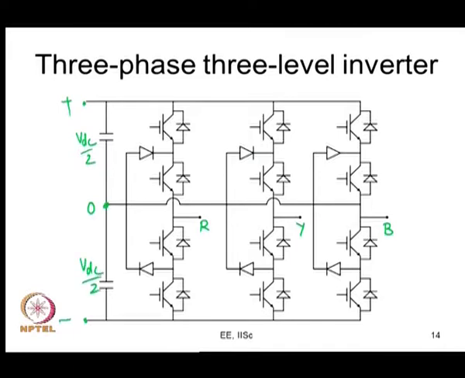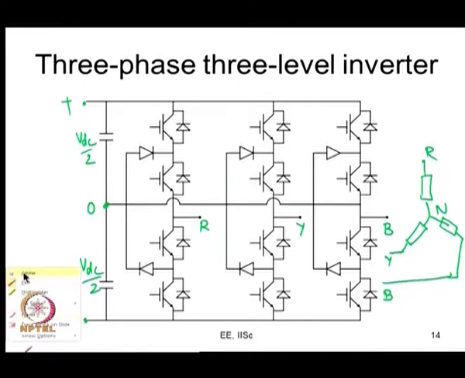So, we presume the load is something like this. The load is R, Y, B, and the load has a certain neutral which is not electrically connected anywhere. This is what we understand now.